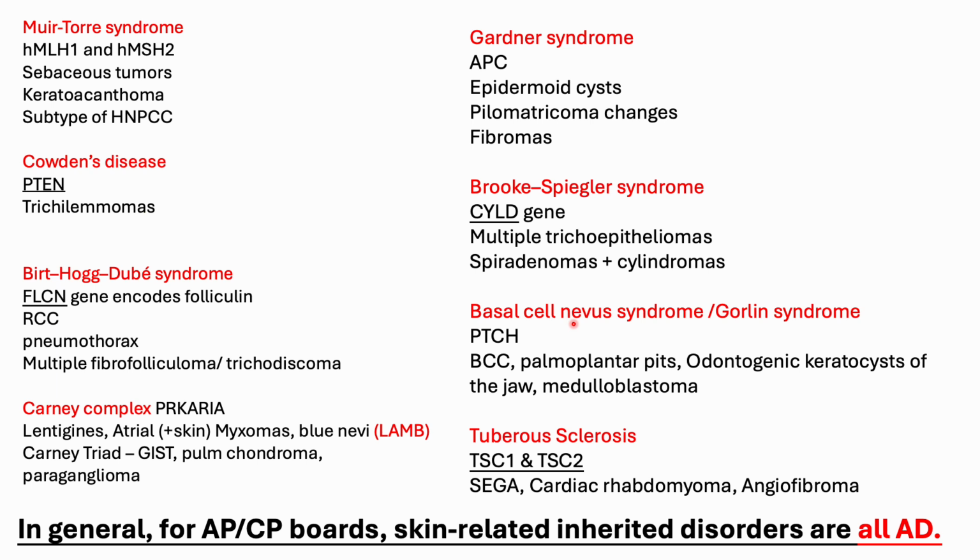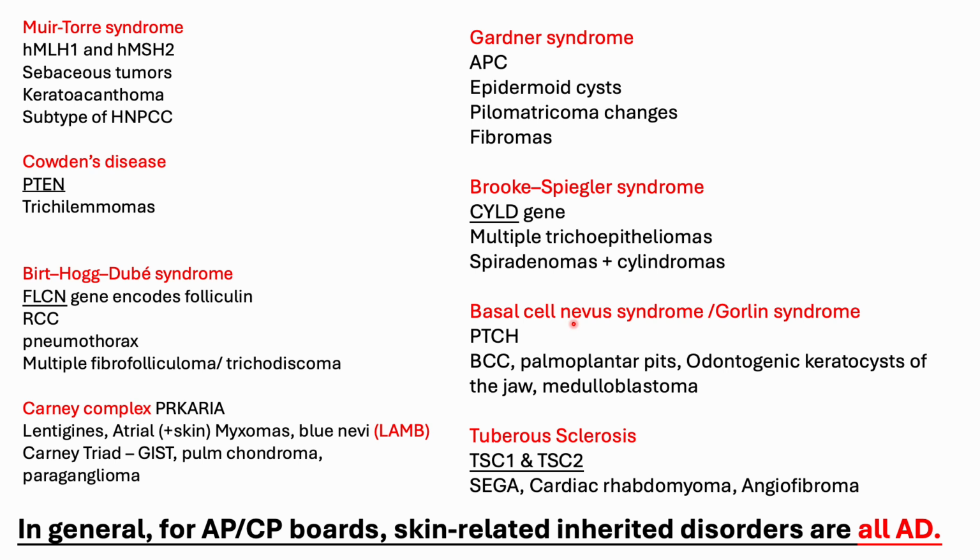Next one is the basal cell nevus syndrome or Gorlin syndrome. Affected gene is the PTCH, and it can have multiple basal cell carcinoma, palmoplantar pits, odontogenic keratocyst of the jaw, as well as the medulloblastoma. And the last but not the least is the tuberous sclerosis.